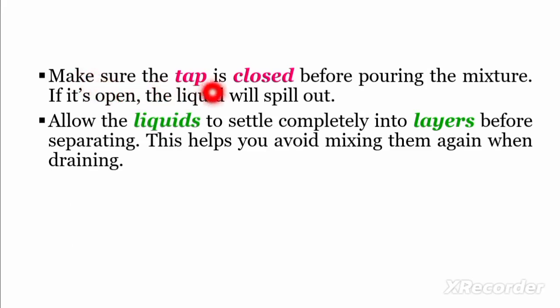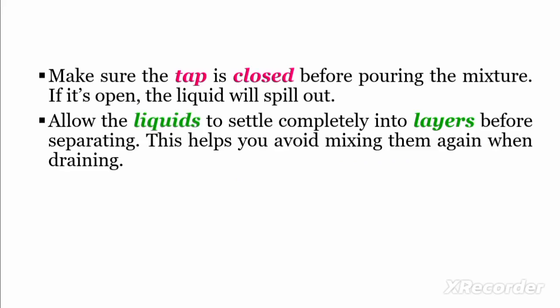Number 1, make sure that the tap is closed before pouring the mixture. If it's open, the liquid will spill out. Number 2, allow the liquids to settle completely into layers before separating. This helps you to avoid mixing them again when draining.